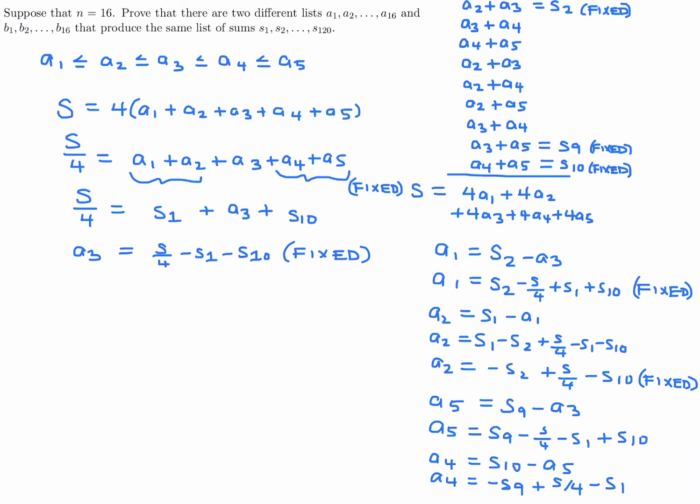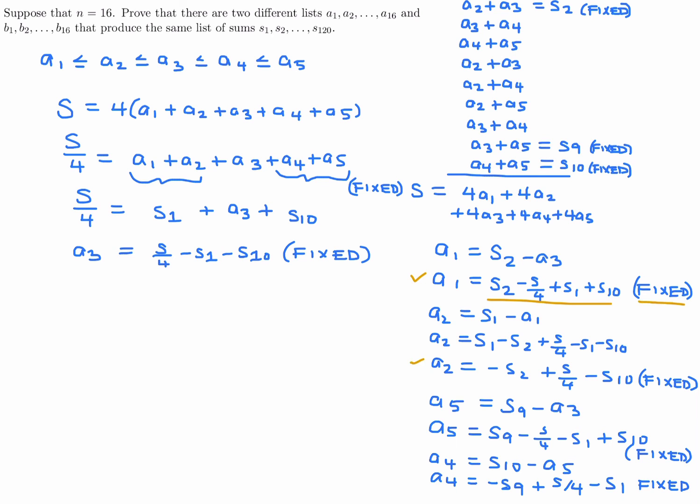And here we go. So A5, S9 is fixed, S is fixed, S1 and S10 are fixed. So that is also a fixed value. And finally, A4, well, S9, S, and S1 are all fixed. So that's also fixed.